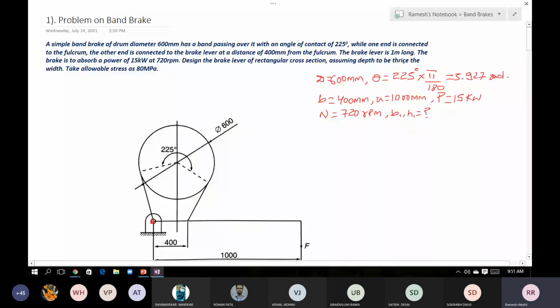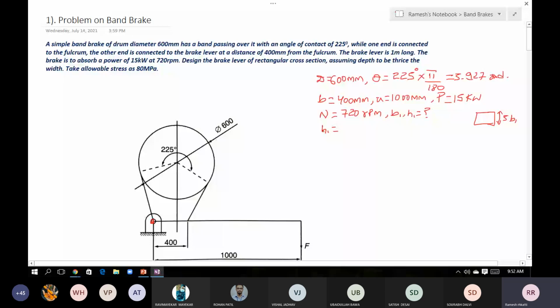Depth is nothing but h. If you take this rectangular section, this depth is 3 times the width, that is 3 into b1. Therefore h1 is equal to 3 times b1.